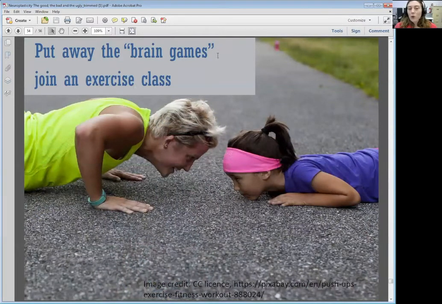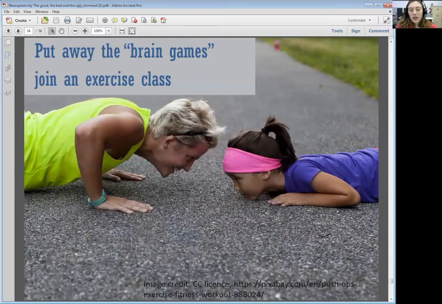Also, I'd put away any brain games, especially those brain games that you have to pay for, and join an exercise class. Exercise has been shown reliably to help grow new brain cells and to promote positive neuroplasticity.